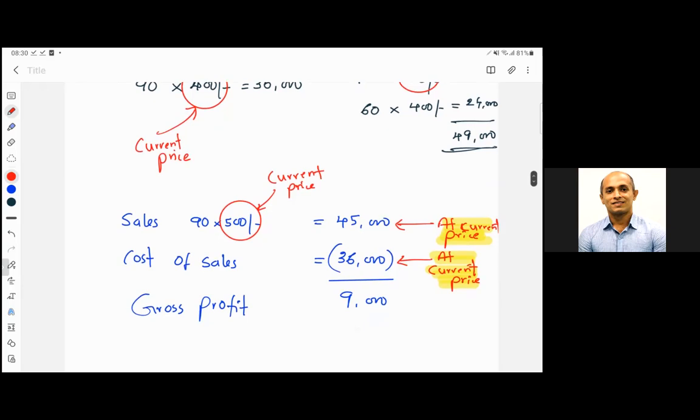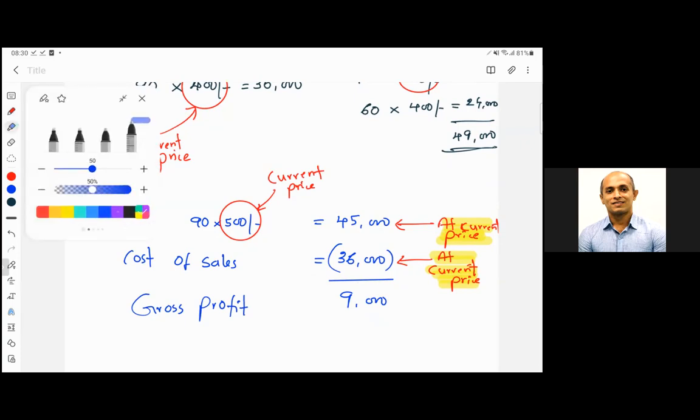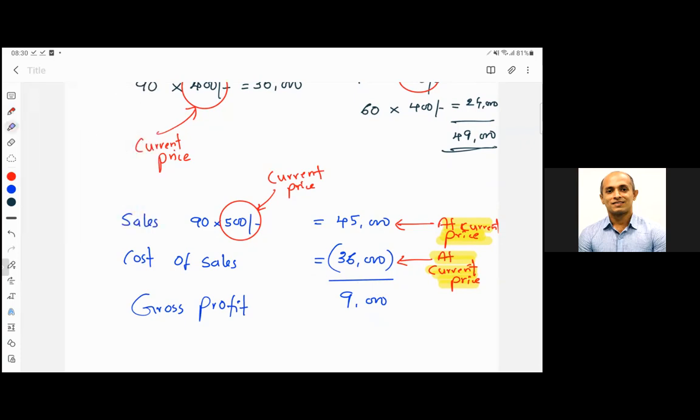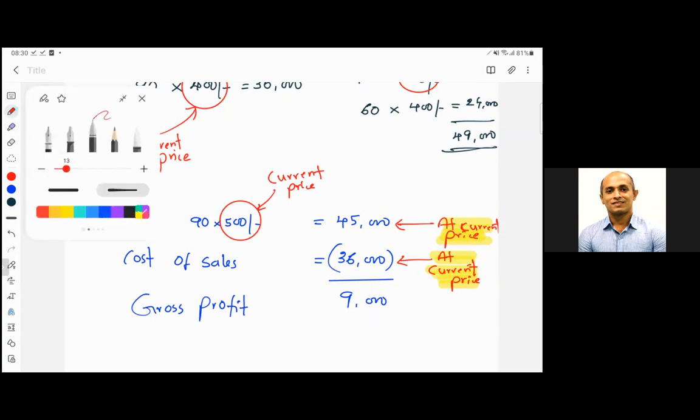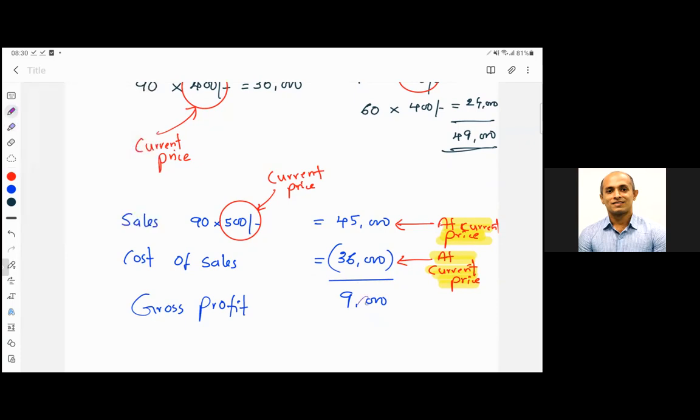Then your gross profit is not affected by changes in the price level. Therefore, we can say your gross profit is economic profit.